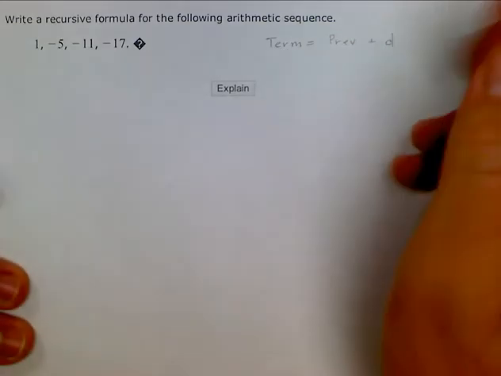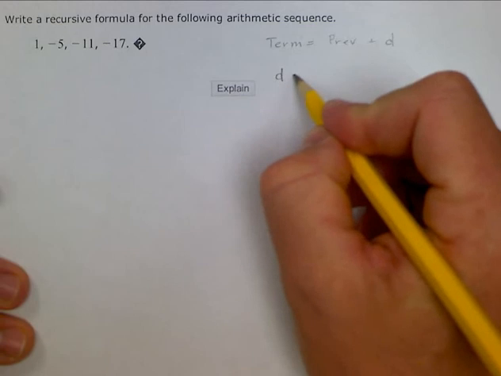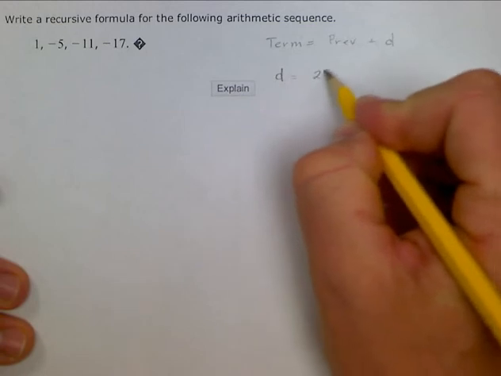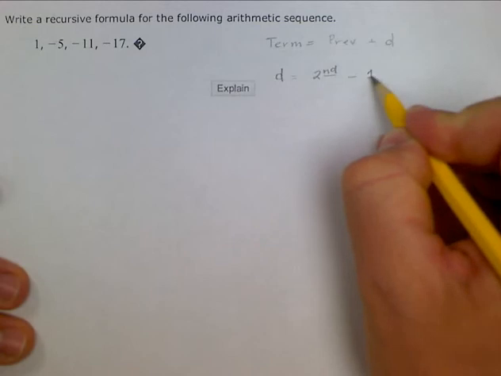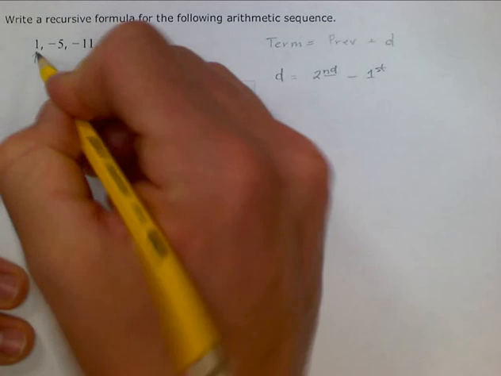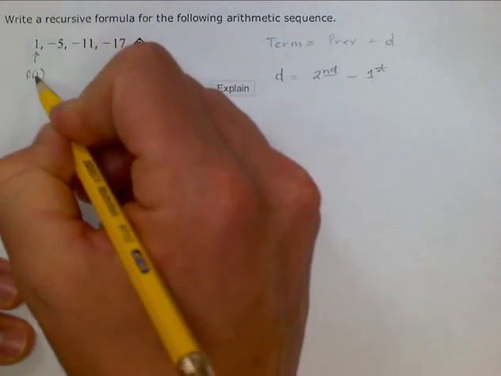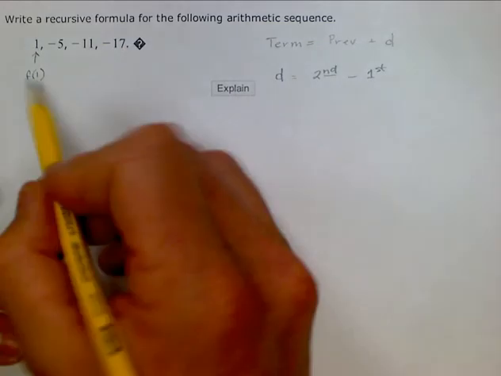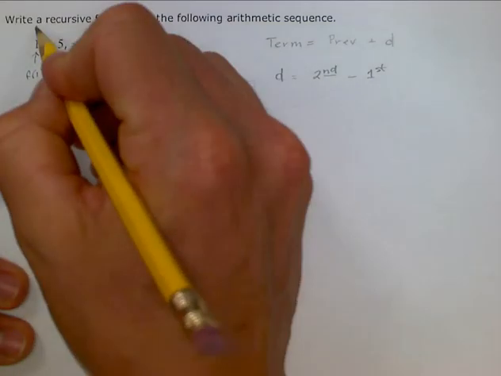And we also know that we find our common difference d by simply taking the second term and subtracting from it the first term. So if we come over here, this is our output when we input f of 1, or input 1 as our input. 1 is going to be our output, or this is the first term.